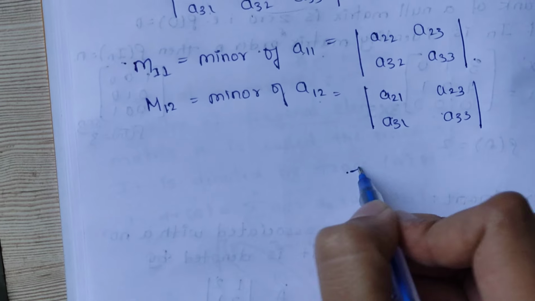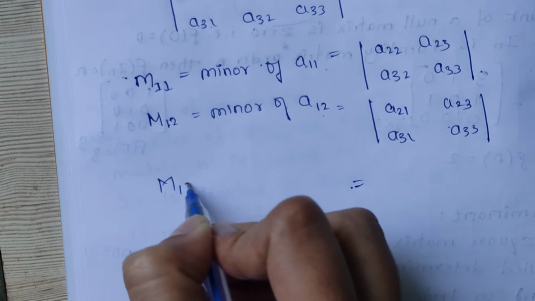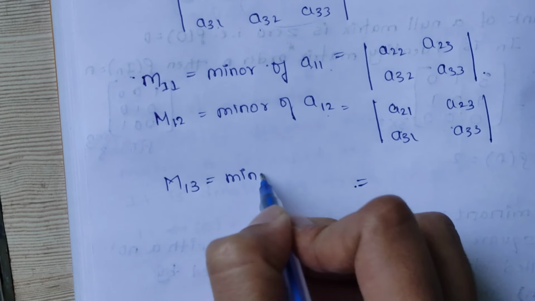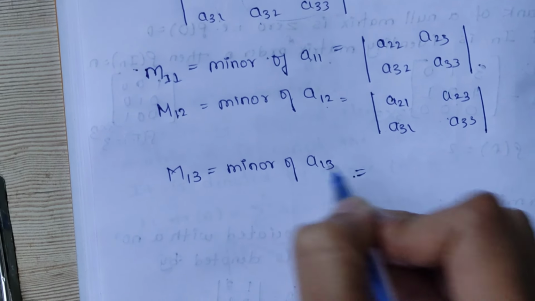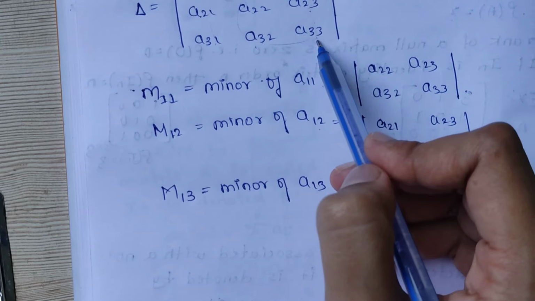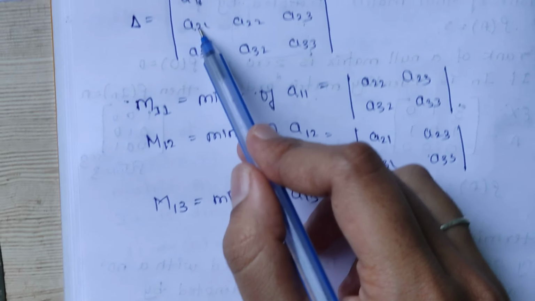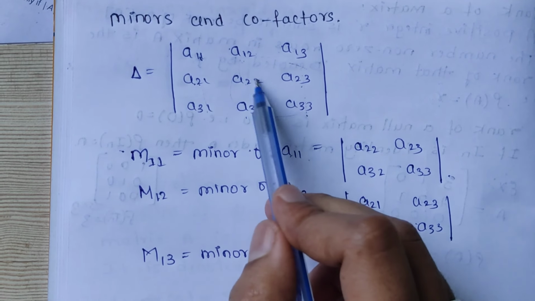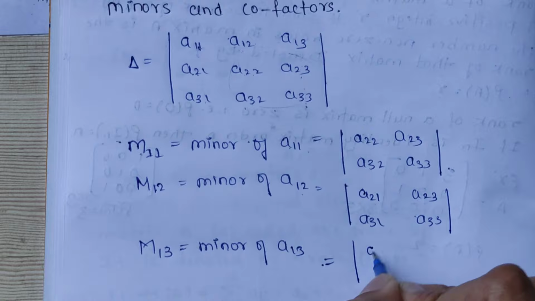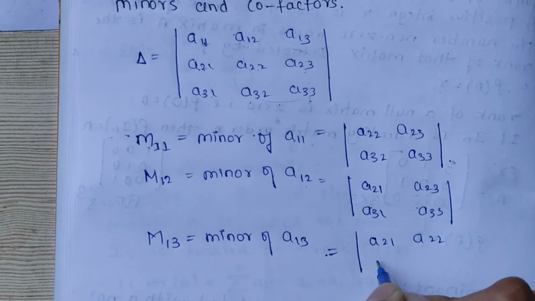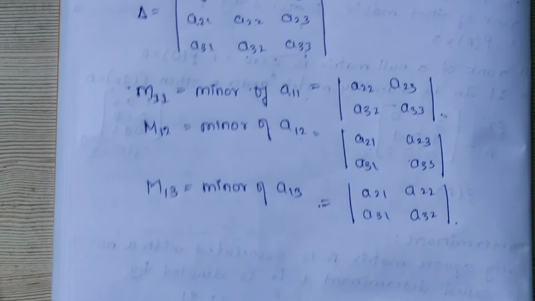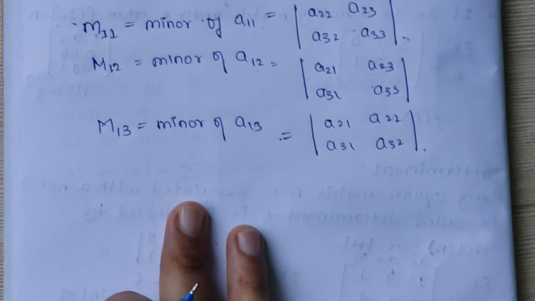Okay, so minor of first row third column, that is minor of A13, what it will be? First row, third column we have to leave. So remaining elements are A21, A22, A31, A32. We have to calculate this.